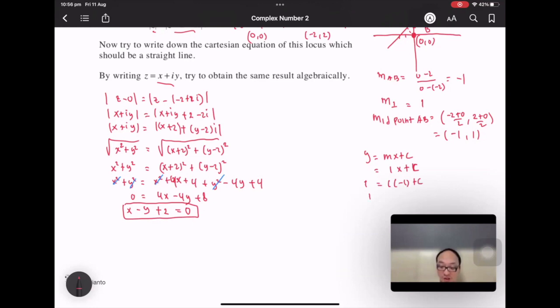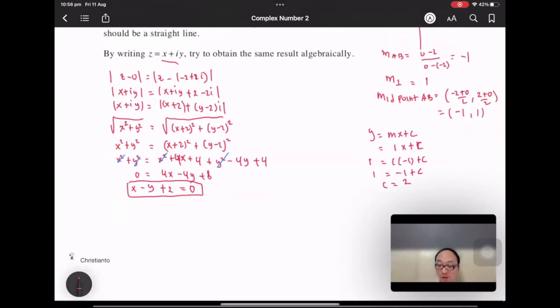So 1 equals minus 1 plus c. So c equals 2. That means the equation will be y equals x plus 2. Or we can rewrite it as x minus y plus 2 equals 0. Yeah, the same result.